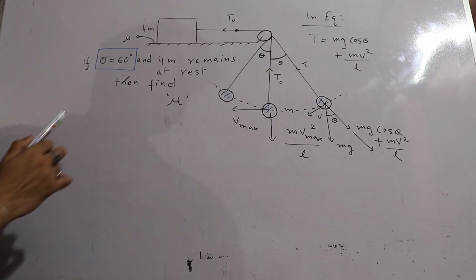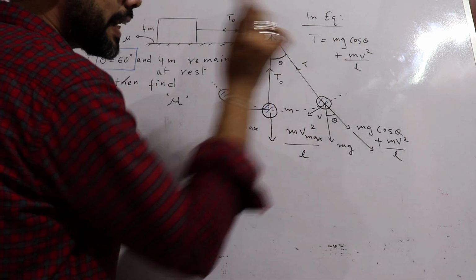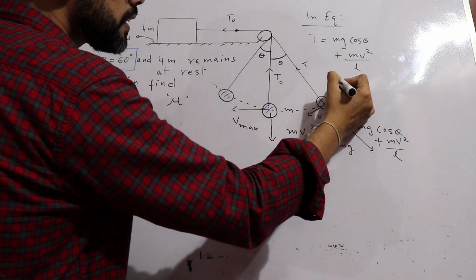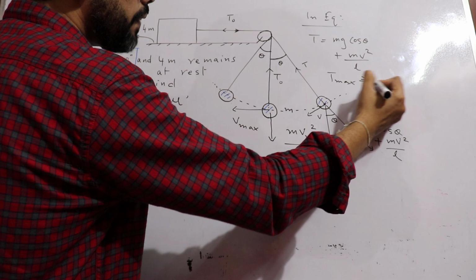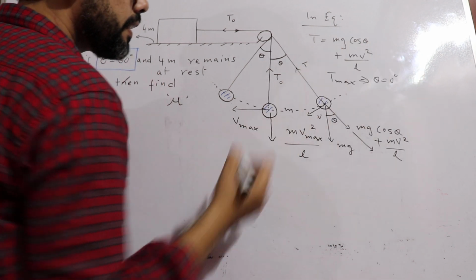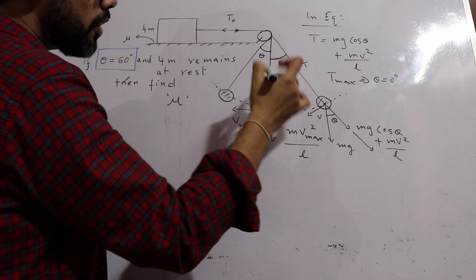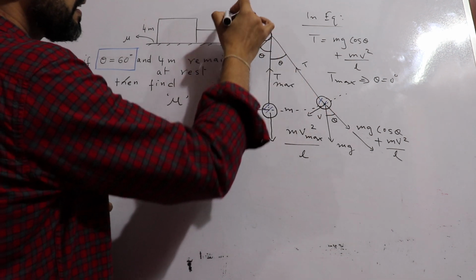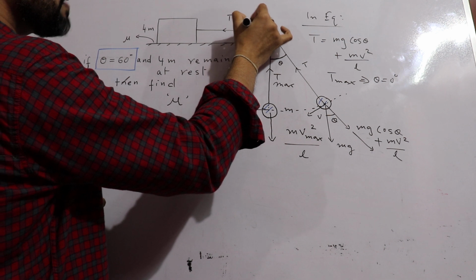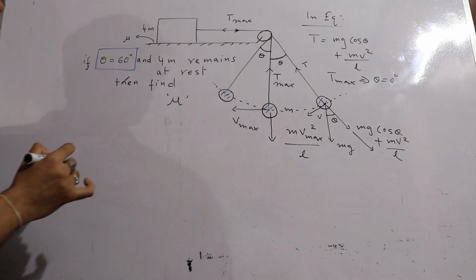Now where is tension maximum? T max implies theta equals 0 degrees, and theta is 0 degrees at the mean position. So at the mean position you get T max. This is the physics behind it.